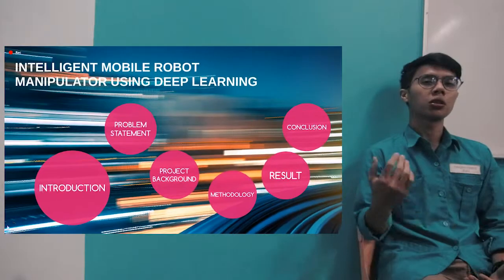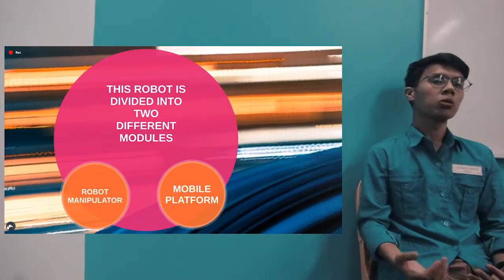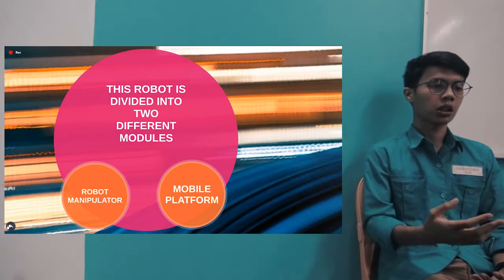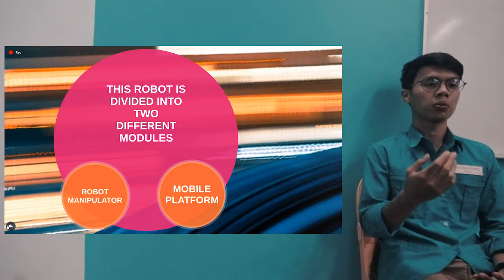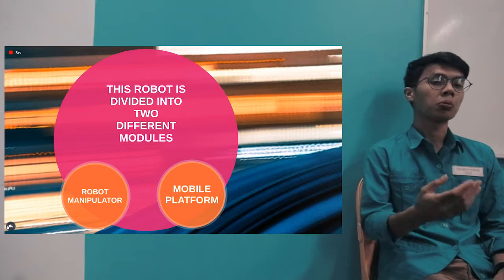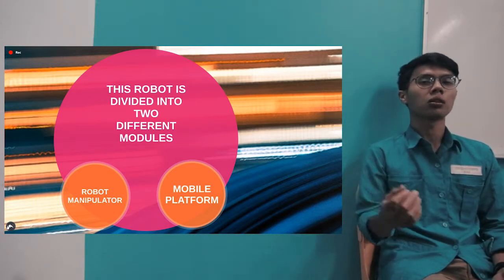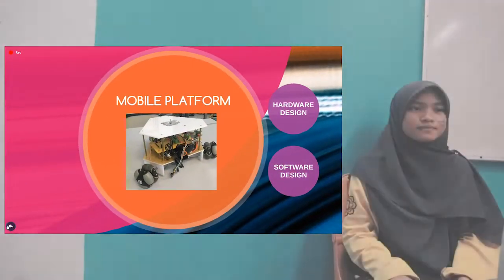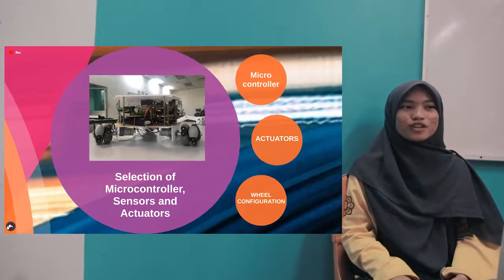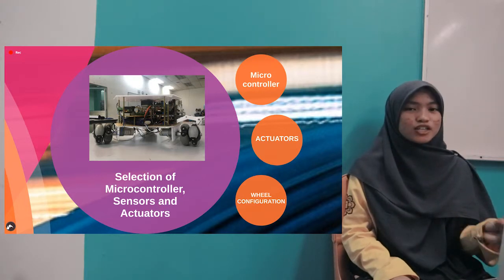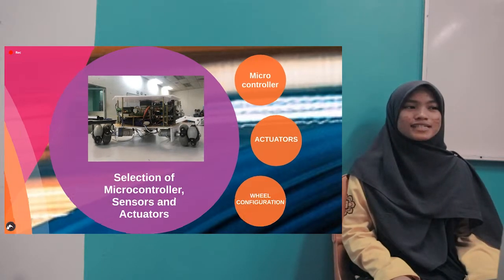Let us proceed with the methodology. Basically, we're dividing the methodology into two parts. The first one is the robot mobile platform itself, and the second one is the pick and place robot manipulator. The hardware design for the mobile platform includes the selection of the sensors, actuators, and microcontrollers.